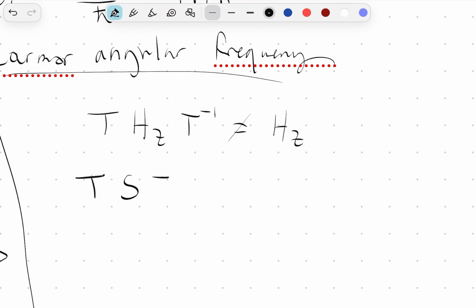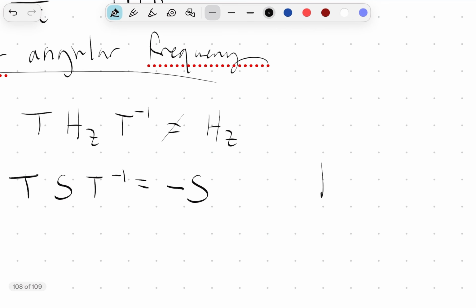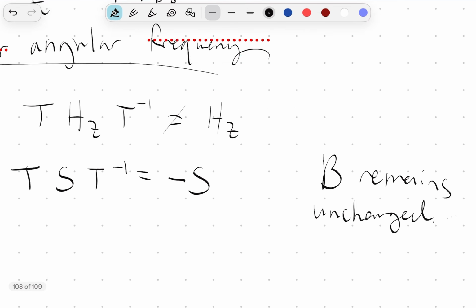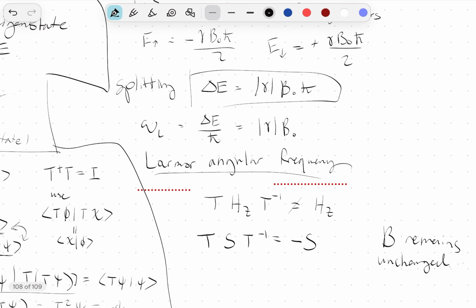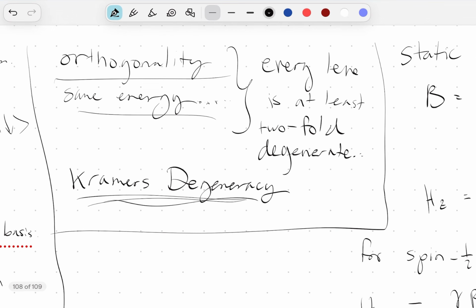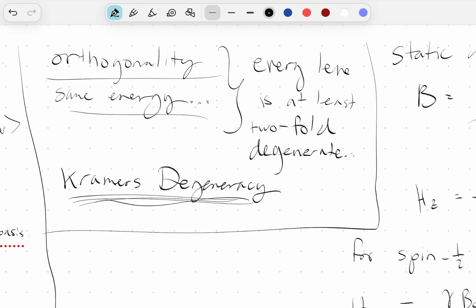Because the time reversal symmetry acting on the spin basis vectors reverses them, while B remains unchanged, the symmetry that protected Kramers degeneracy is now gone.